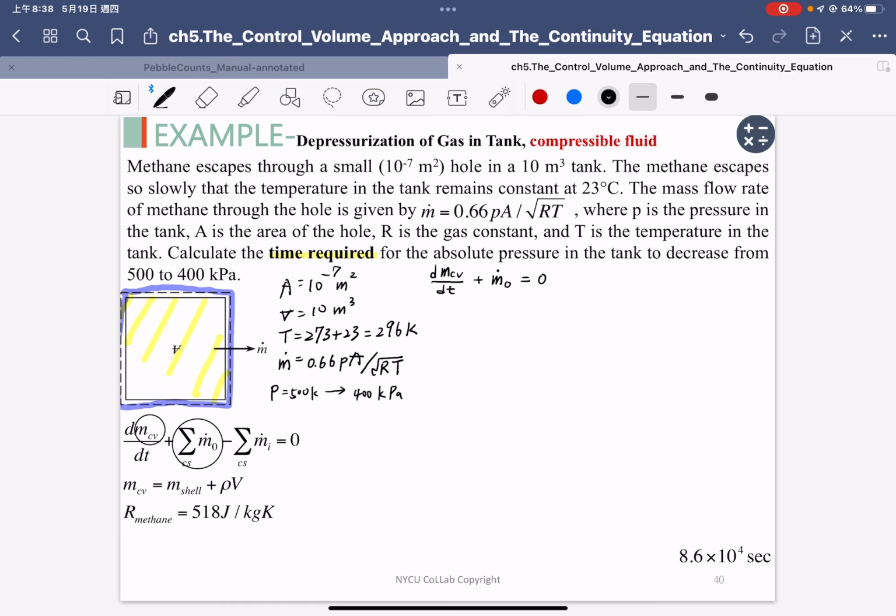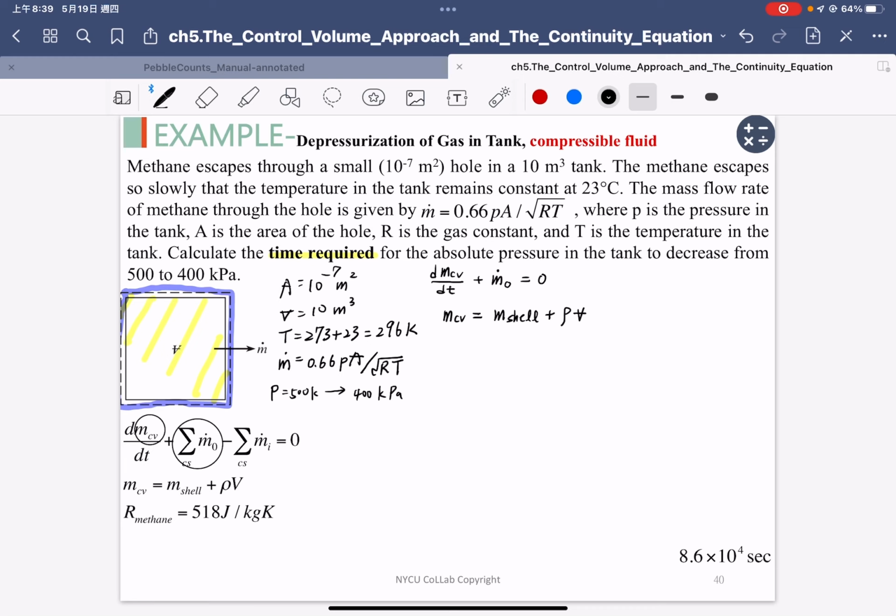So we start with the mass of the control volume, which equals the mass of the gas in the tank, the shell. We know that the mass of the gas in the tank equals the density multiplied by the total volume.